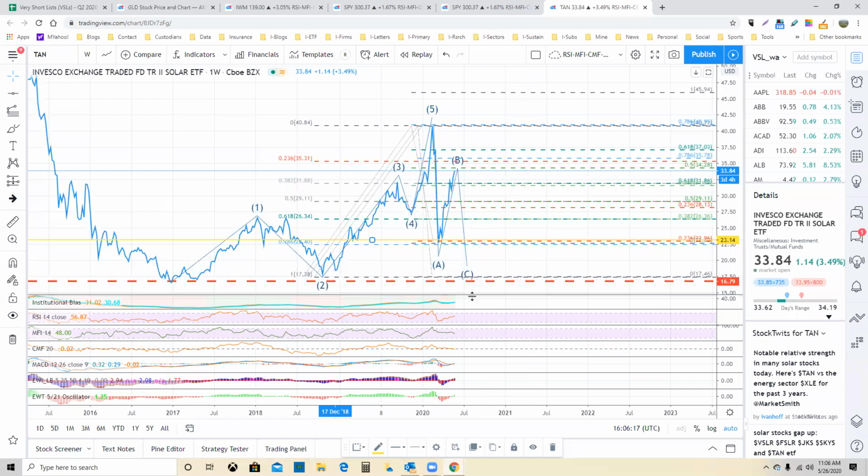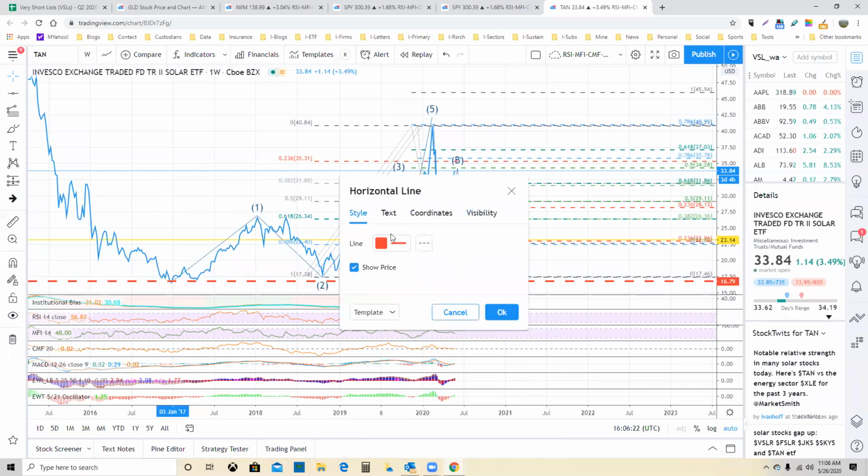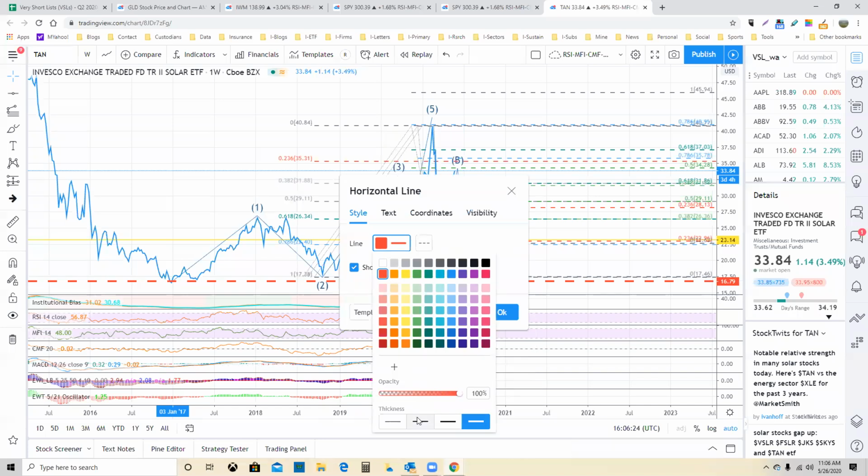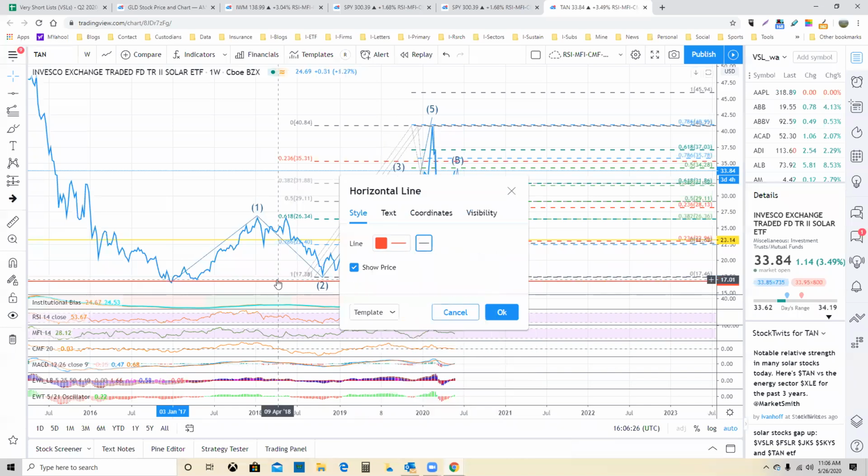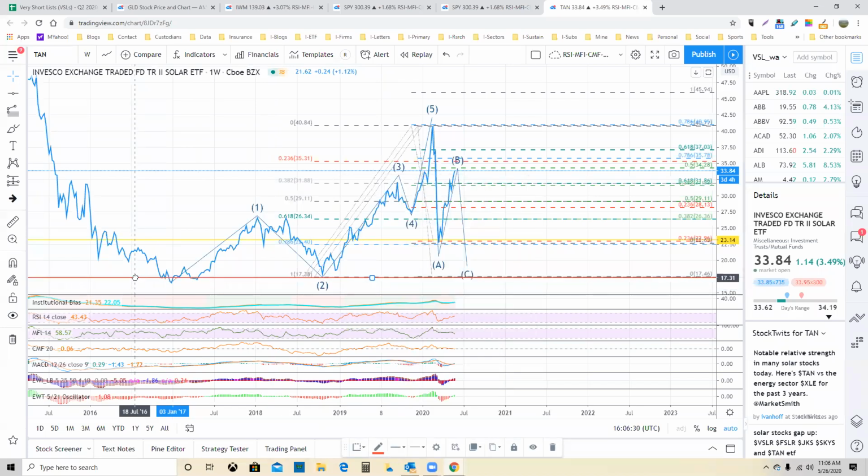Awfully good pullback. And about 18-ish here. Do we know that we'll see those levels? No.